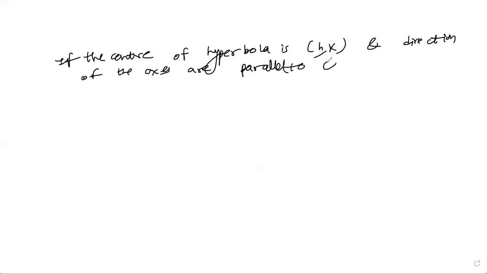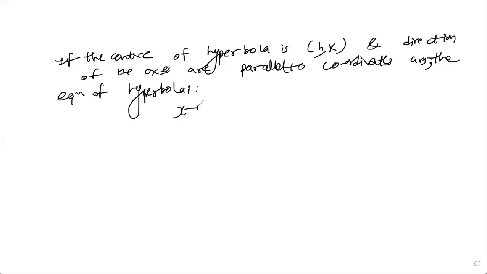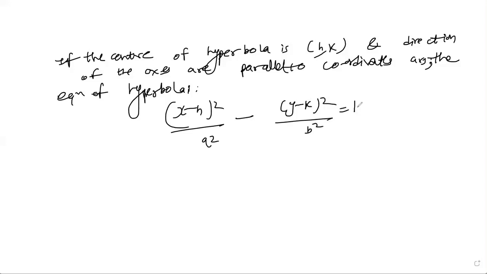Then in that case, the equation of hyperbola in the general case is going to be x minus h whole square by a square minus y minus k whole square by b square, and that will be equal to 1. Okay, I hope we all are clear regarding this.